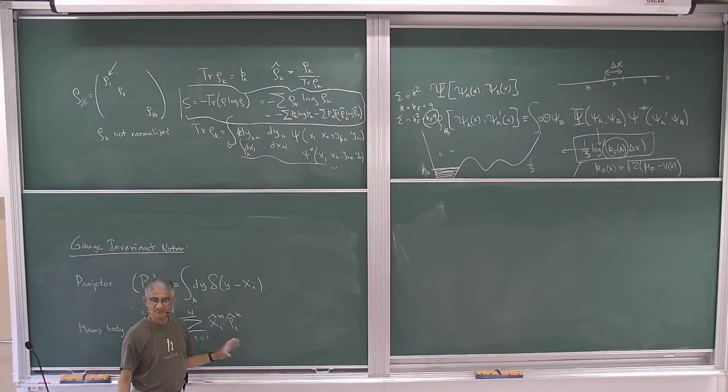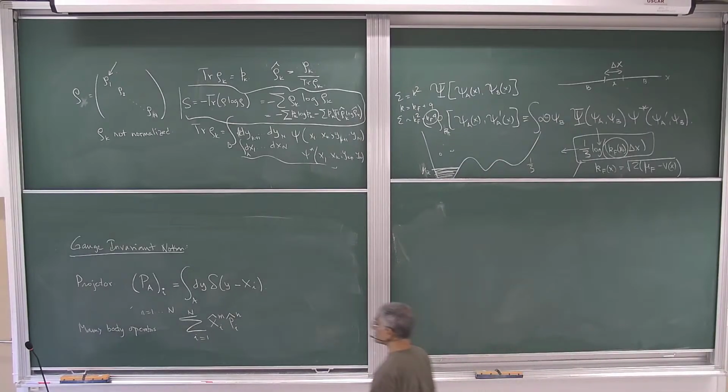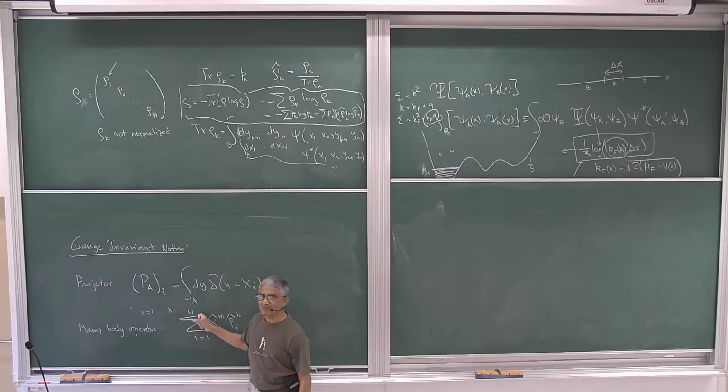I have ordered in some particular way, but if you want some different ordering, use the commutation relations to reduce like this. It's a many body operator because they just sum over all the particles.